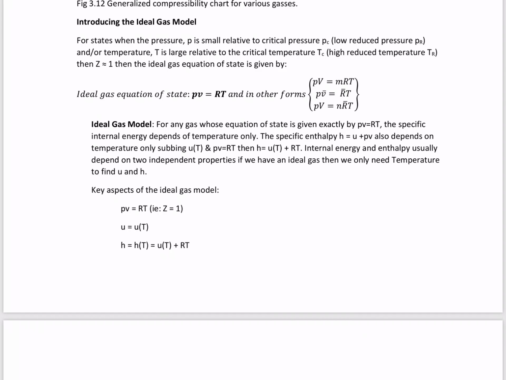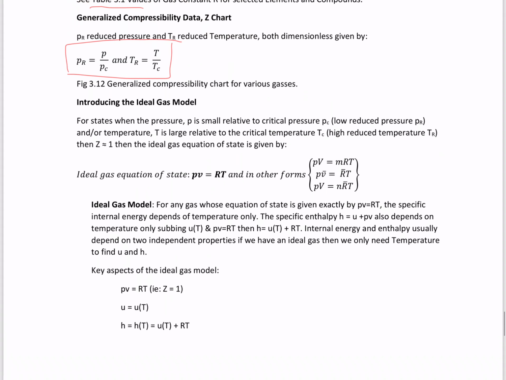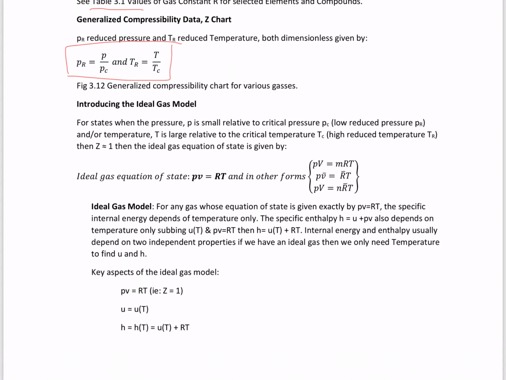So introducing the ideal gas model for states when pressure P is small relative to critical pressure, PC. So if we have a low reduced pressure, a small number, then we can use the ideal gas model.